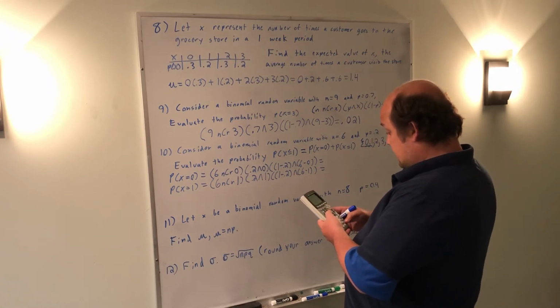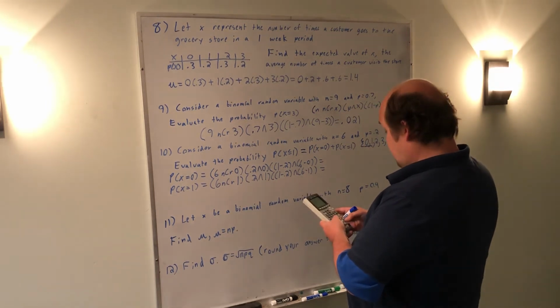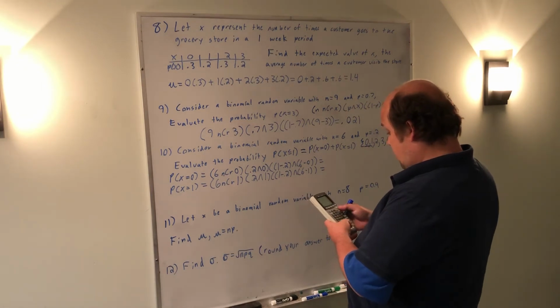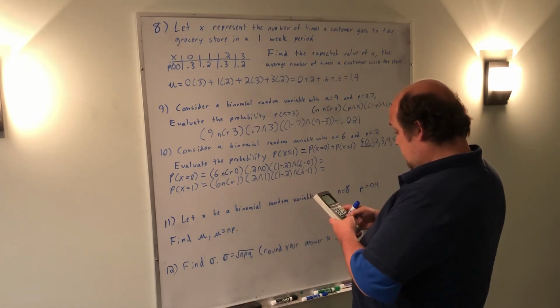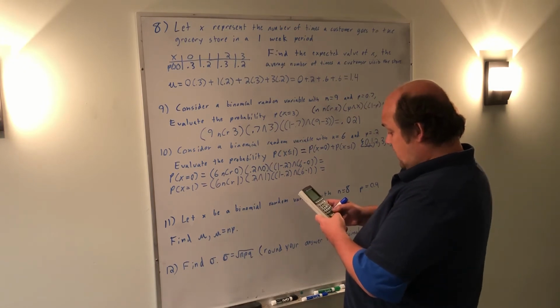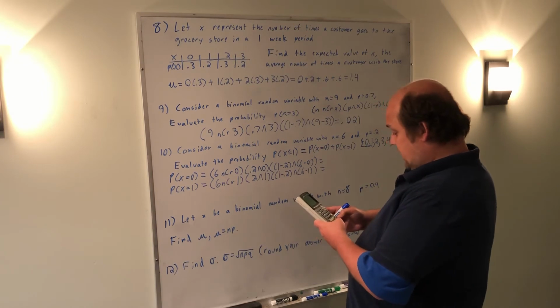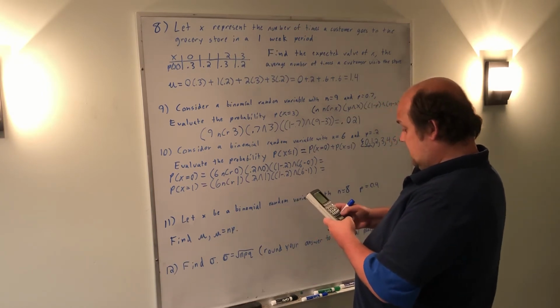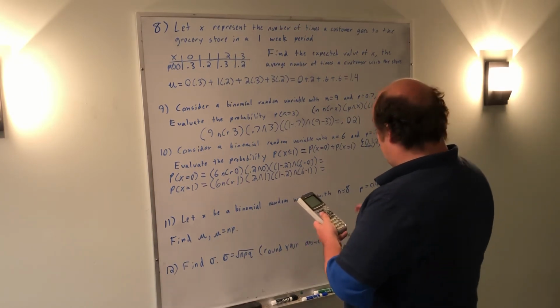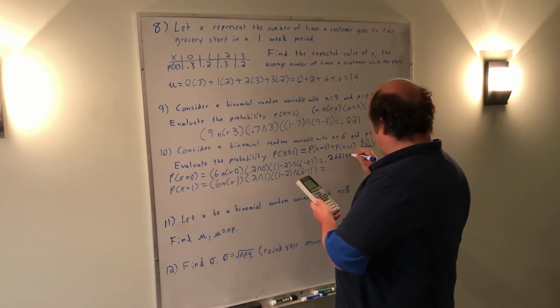So I'm putting in 6 NCR 0, parentheses, new parentheses, 0.2 to the power of 0, end parentheses, new parentheses, new parentheses, 1 minus 0.2, end parentheses to the power of parentheses, 6 minus 0, end parentheses, end parentheses. Put all that in, I got 0.262144.